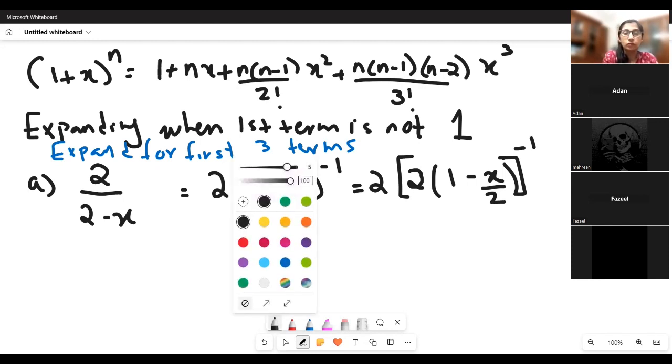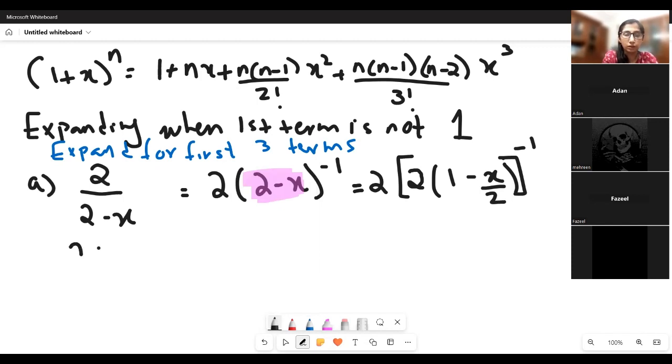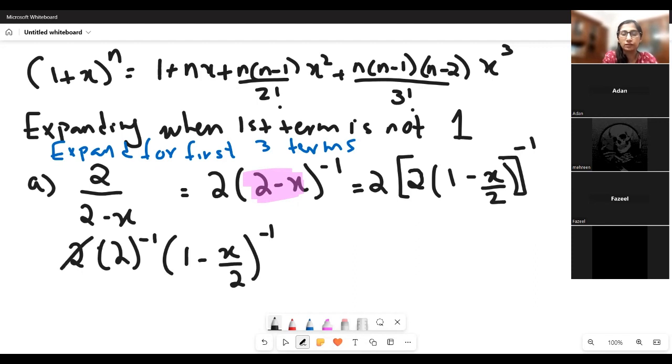Now I'm going to split the power onto 2 separately and on 1 minus x upon 2 separately. So this becomes 2 upon 2, which cancels out, and we just get 1. So now all we have to do is expand this using binomial expansion.